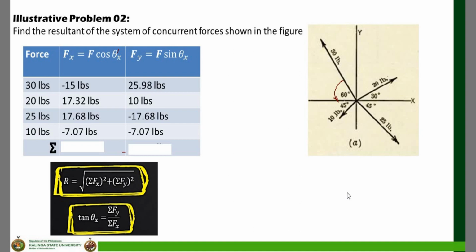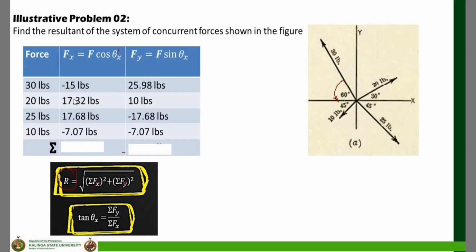Okay? So, after we have obtained our values of Fx and Fy, in my equation I am looking for the value of the resultant R. So, I need to get the summation of Fx and Fy.